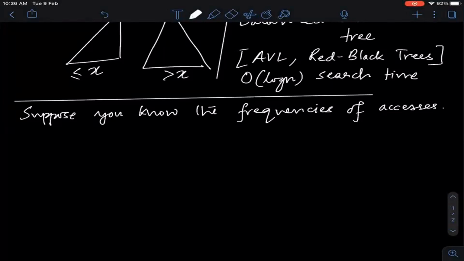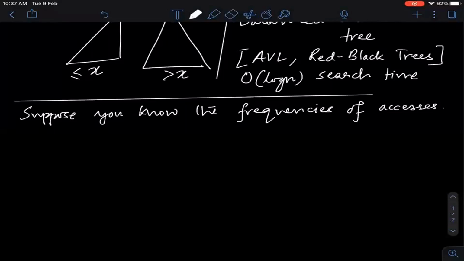Now you might ask, why is this a practical setting at all? Well, it turns out it is indeed a practical setting, because suppose you are, I don't know, maybe running some kind of network routing protocol. You want to store all kinds of IP addresses. And because your network is sort of static, you know every day, typically, the frequency of access of every router and stuff like that.